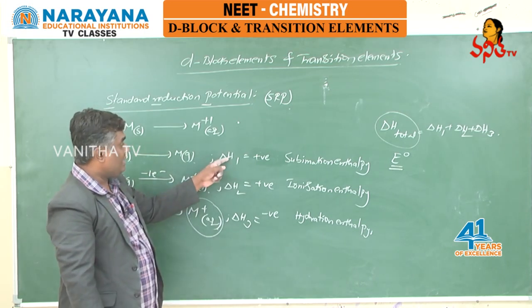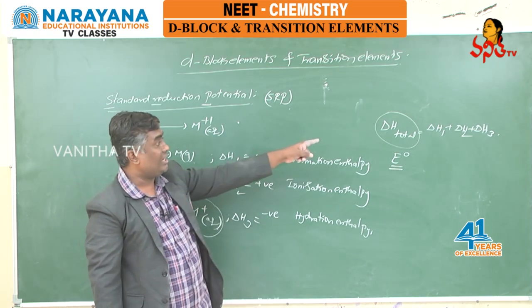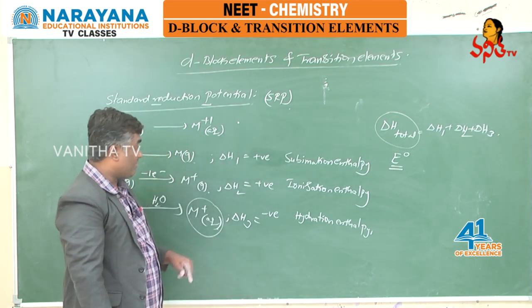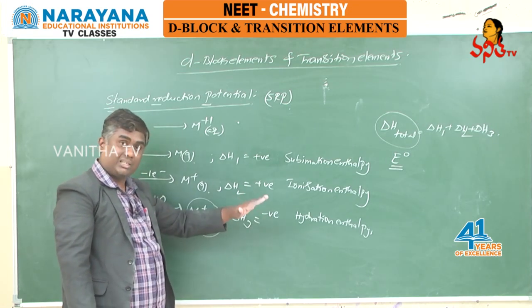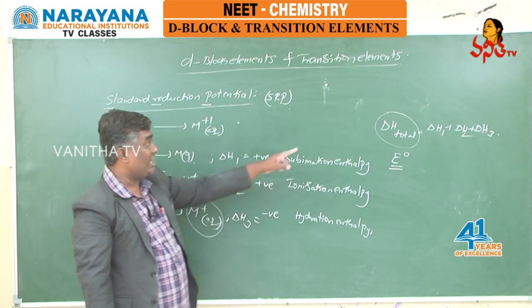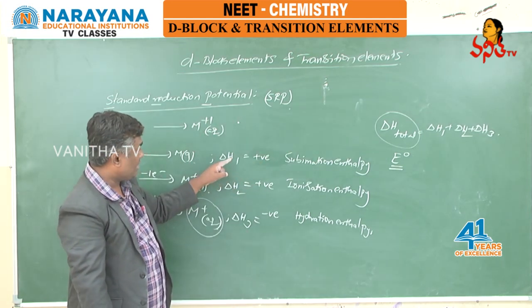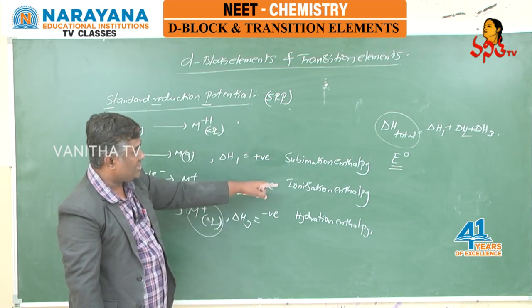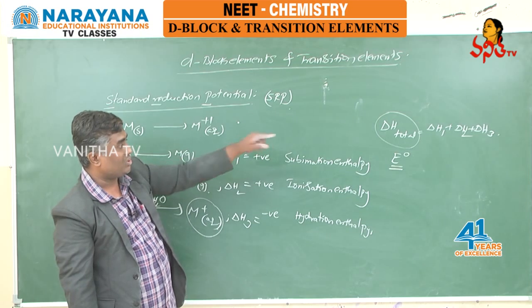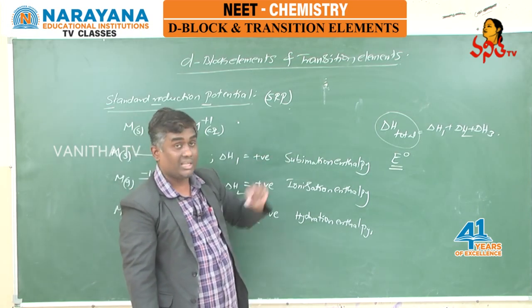If delta H1 and delta H2 both are dominating, then delta H total is positive. Otherwise, if delta H3 only is dominating, I mean if hydration enthalpy only dominates, then delta H total is negative, students, because delta H total depends on delta H1, 2 and 3. If sublimation enthalpy and ionization enthalpy dominate, delta H total is positive. If hydration enthalpy alone dominates, delta H total is negative.